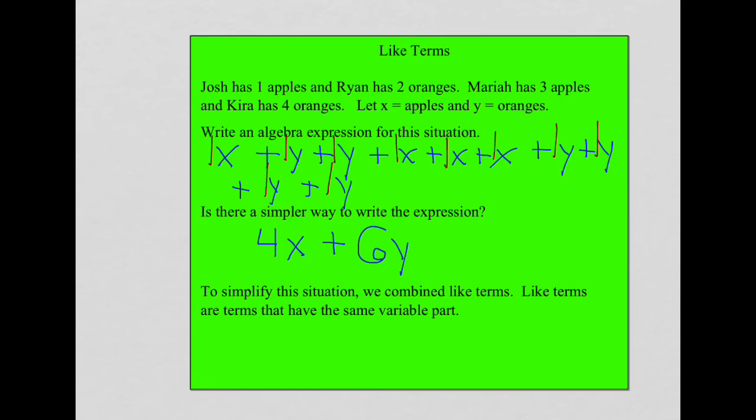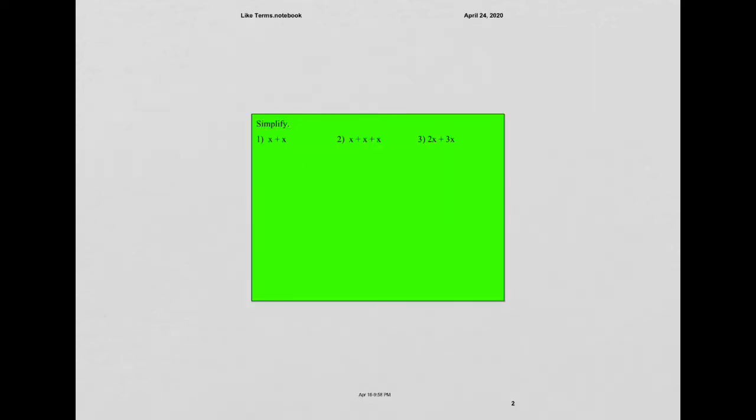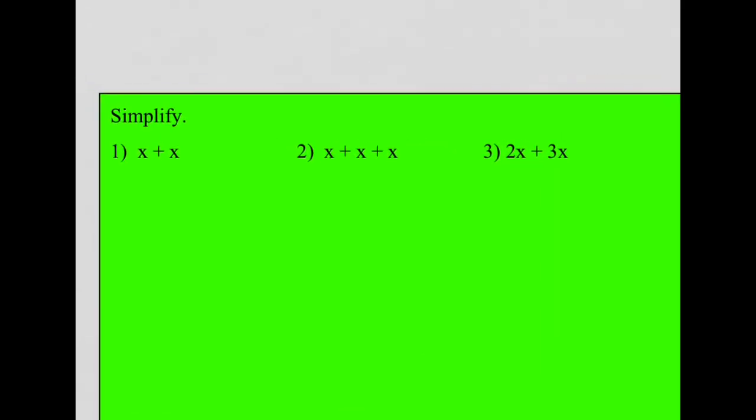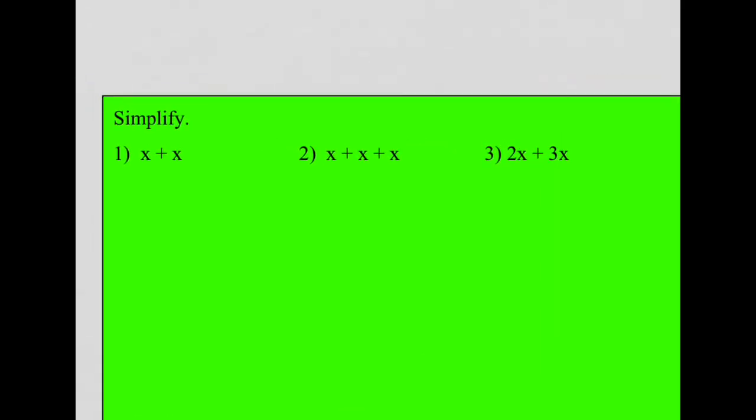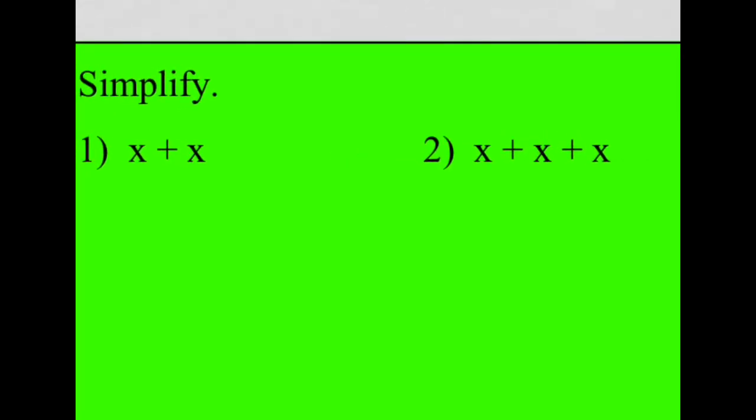Let's look at some examples that are a little more general and see if we can make some sense of this. I'm going to skip forward. Okay, this says simplify. And it's got some simple algebra expressions here. Now, key thing to remember, number 1, even though I don't see it, in front of each of those variables, there's a 1. So to combine those two like terms, I would say that is 2x.